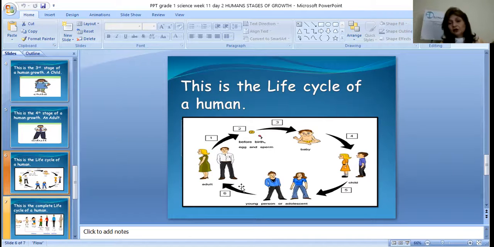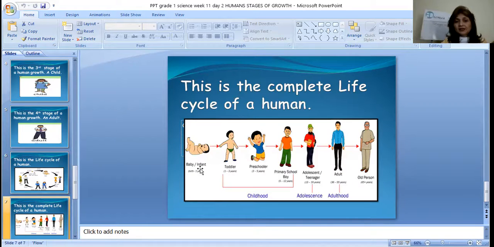Like you all have your parents, you all have your grandparents, right? So see, these people are all in the same family. Now, this is a complete life cycle of a human. You can see this is a baby. A baby is born, an infant, and this baby becomes a toddler, right? And this toddler means it started walking. Later on, this toddler will become a preschooler.